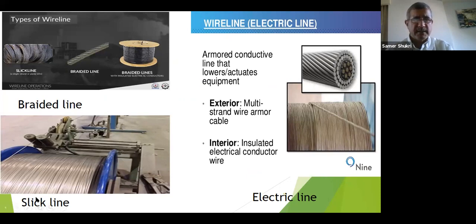We have slick line, which is mainly stainless steel, and this is a braided line, which can be of two types also, depending on the inner part. You see them, and we also have another type for fishing.